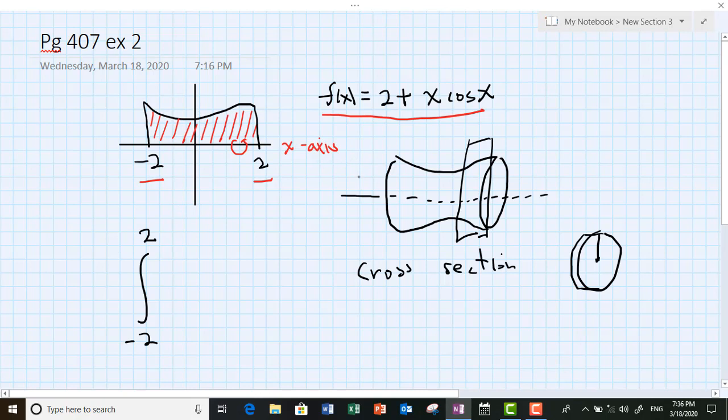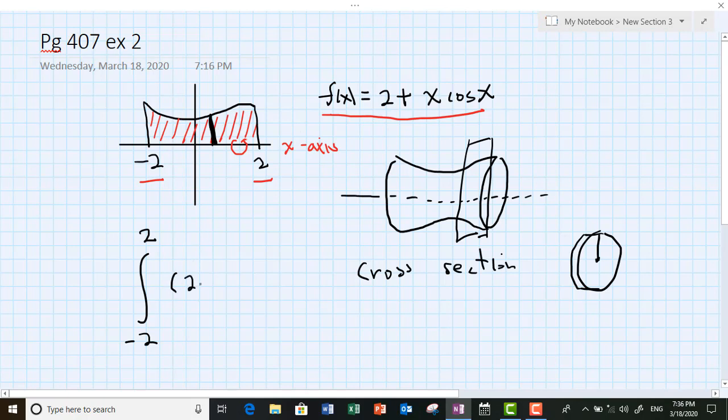And what is the r? Well, remember, again, r is the distance from the axis of rotation, in this case the x-axis, to the curve. So what is that distance right there, r? Well, that's just f of x, isn't it? That's the y value.